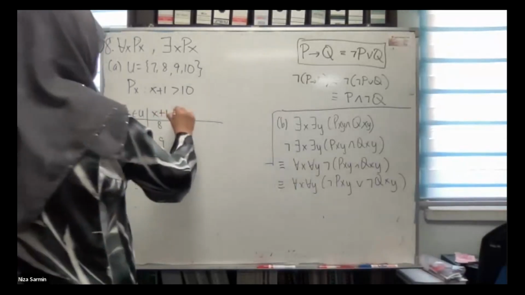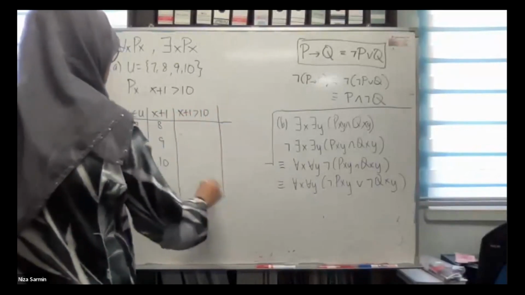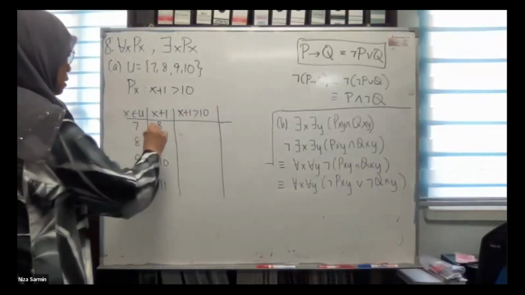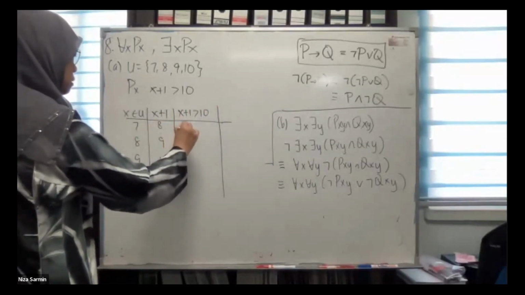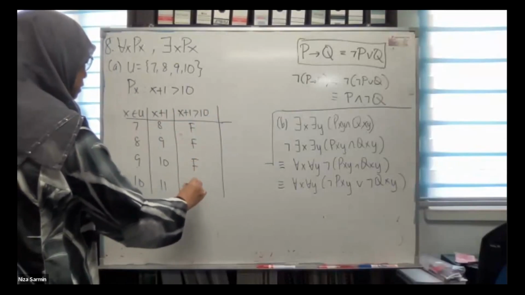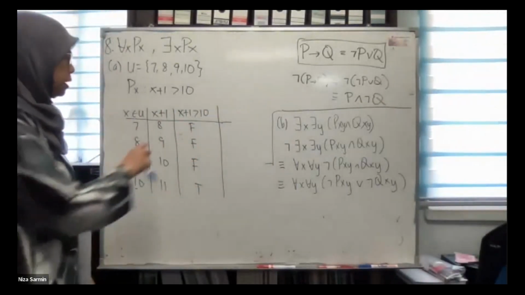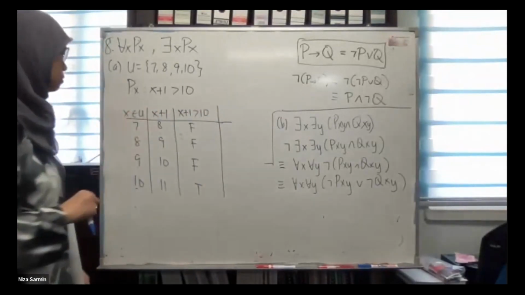And then you do X plus 1 bigger than 10. 8 bigger than 10, 9 bigger than 10, 10 bigger than 10, 11 bigger than 10, right? You compare this with that.